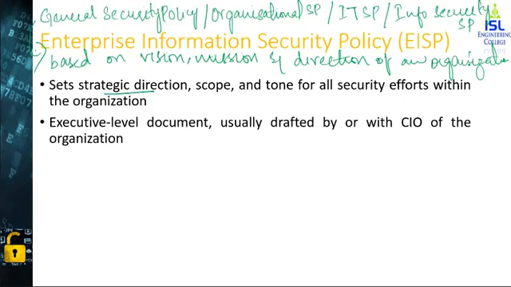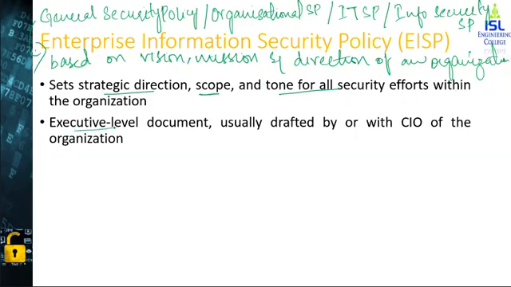When you know what an organization is focused on, what they want to achieve, it is going to identify the scope and set the tone for all the security efforts within the organization. Based upon what your business is, you're going to implement all of your security policies according to the requirements of the business. So this is the job of the EISP: to set a direction and scope and tone for all the security efforts within an organization.